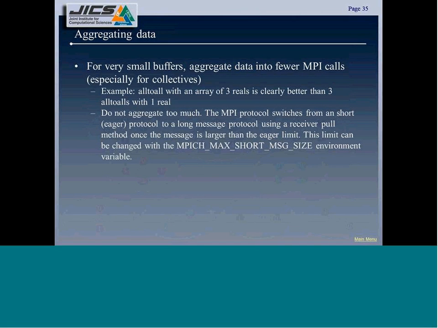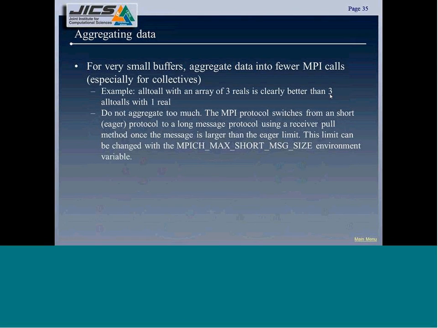So for example, in all-to-all, if you have an array of 3 reals, it is better to send it as 3 reals rather than sending 3 different calls with one number.